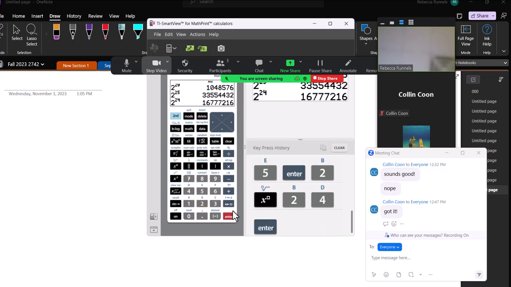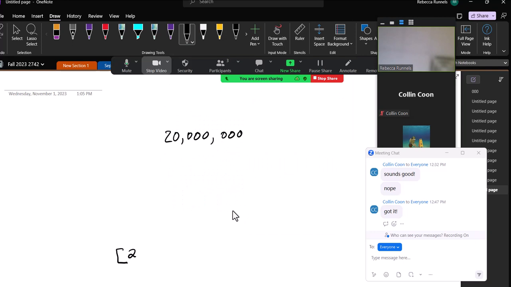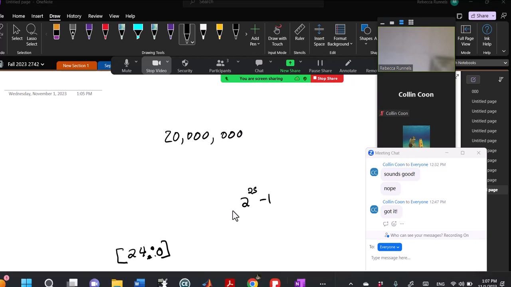So 2 to the 25th is bigger than 20 million, 2 to the 24th is smaller. So if I have bits, like in Verilog, that go from 24 to 0, that means I have a total of 25 bits, which gives me 2 to the 25th minus 1 as the biggest number I could have. So that's just a little help for you there.